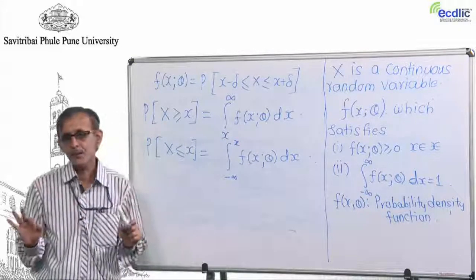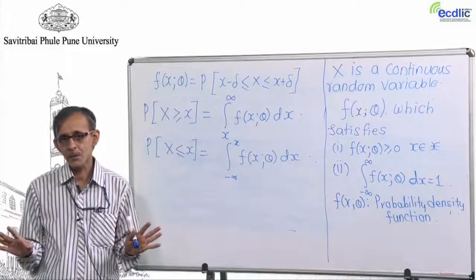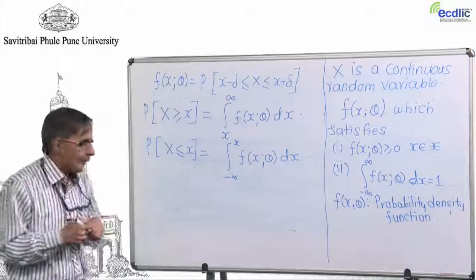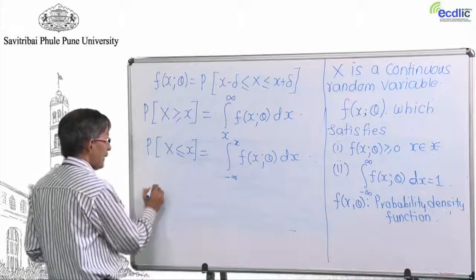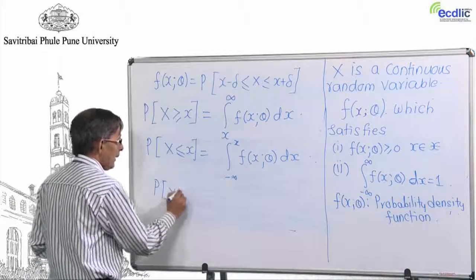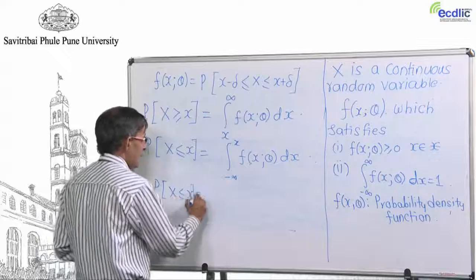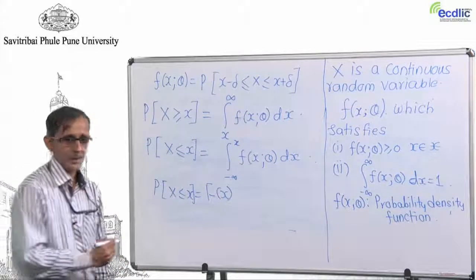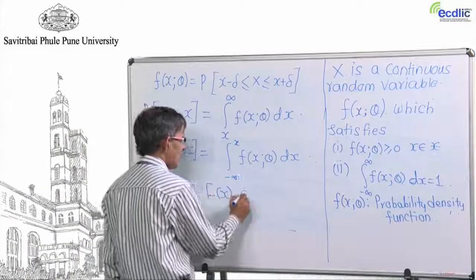It is not vector valued yet. Then if I define this particular quantity, it has a special meaning. This is denoted by F(x), and this is called the distribution function of x.